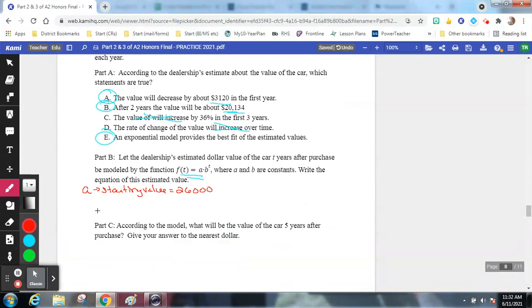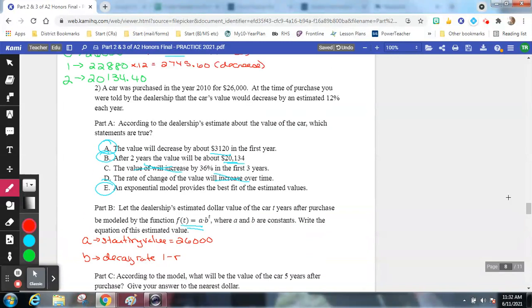So that's my A. B is your base. In this case, it's our decay rate, because it's decreasing. If it was something that was growing, it'd be a growth rate. So your decay rate is 1 minus R. If it's a growth, it's 1 plus R. Well, R was what? Here's R. R is 12%.